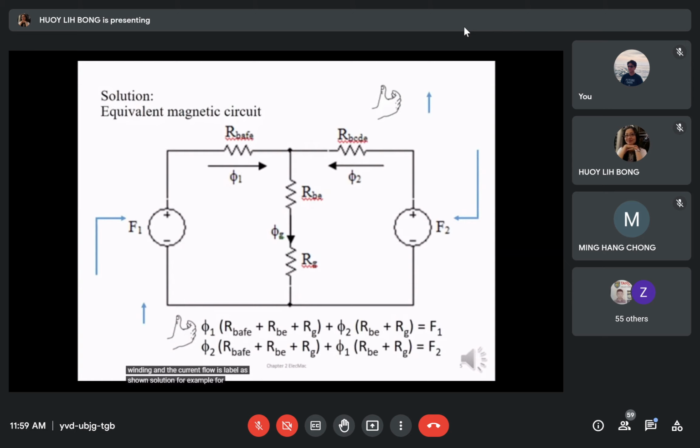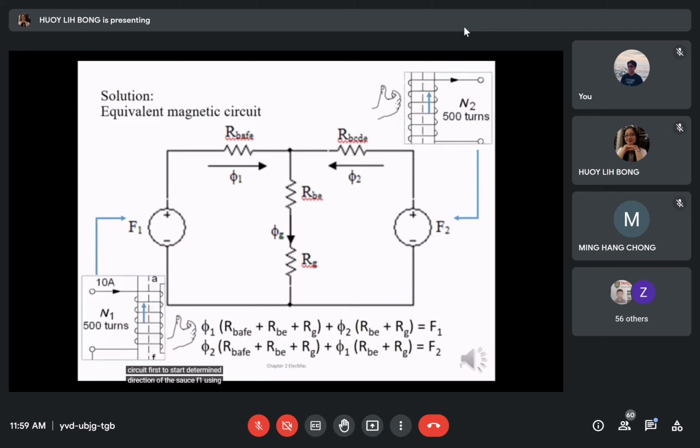Solution for example 4, we are going to sketch the equivalent magnetic circuit first. To start, determine the direction of the source F1 using our right hand rule.